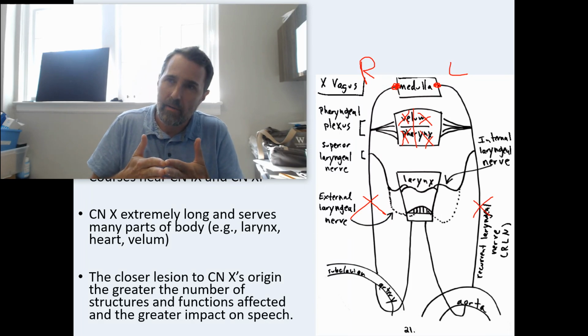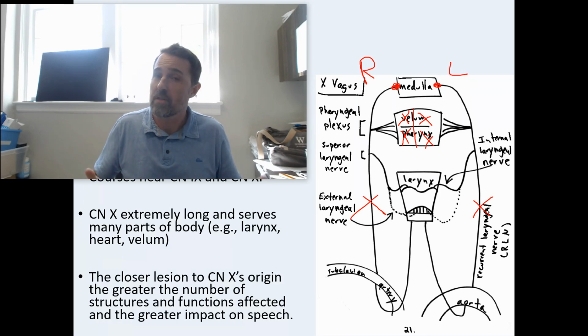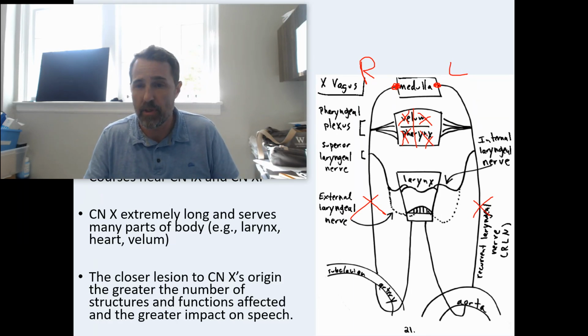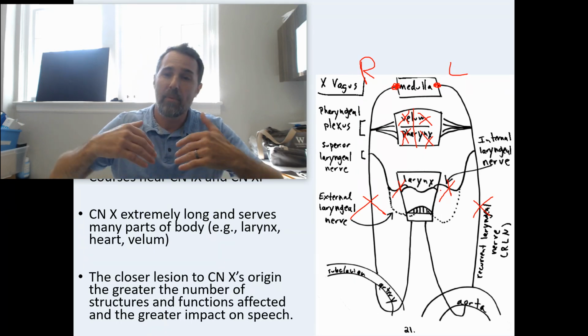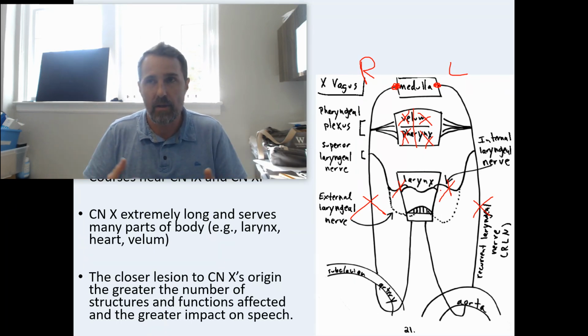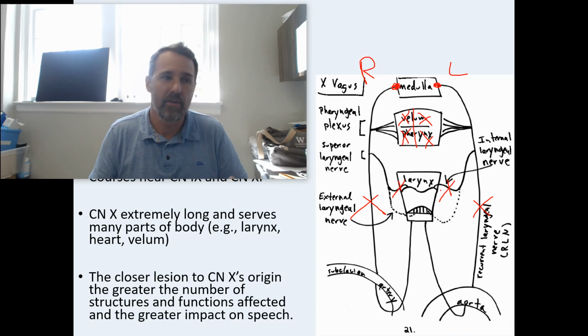The airway held open because the vocal folds aren't adducting, creating severe risk of aspiration and penetration. And also that afferent information is not getting up from the larynx back to the brain. So if they do aspirate and penetrate, they're not going to feel it and they're not going to cough.